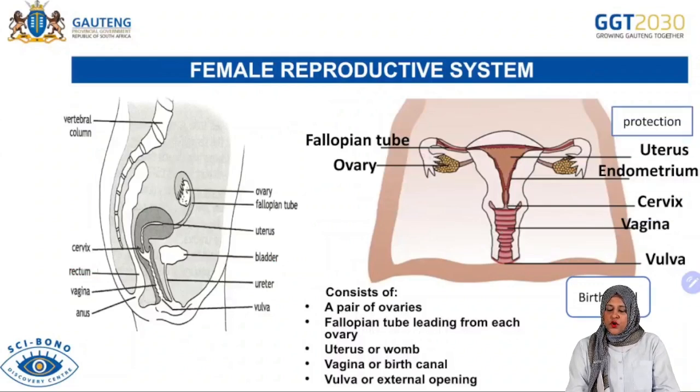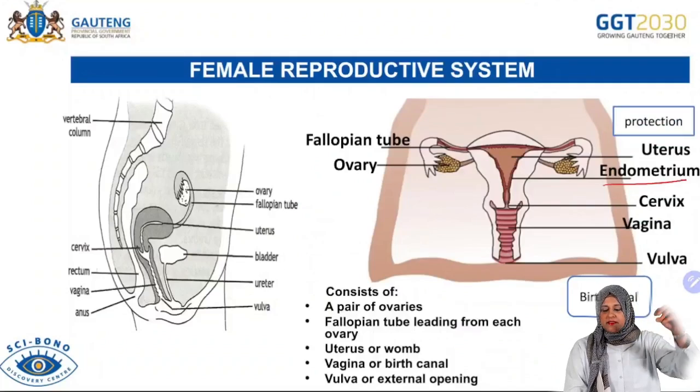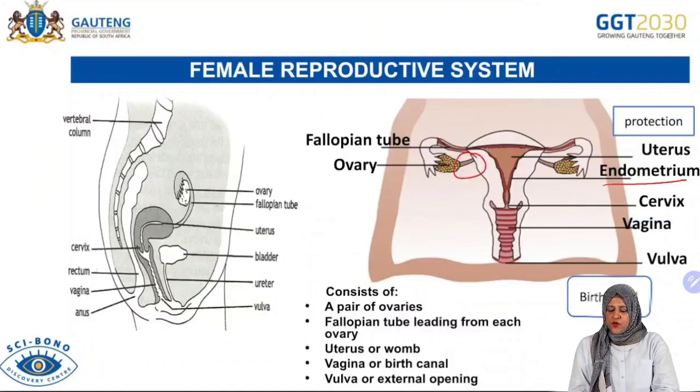And then we have the fallopian tubes and the ovaries that are attached by ligaments there, and the fimbriae, or the cilia over the ovary from the fallopian tube that helps to move the ovum along the fallopian tube. So it consists of a pair of ovaries, a fallopian tube, the uterus, the vagina or the birth canal, and the external opening.